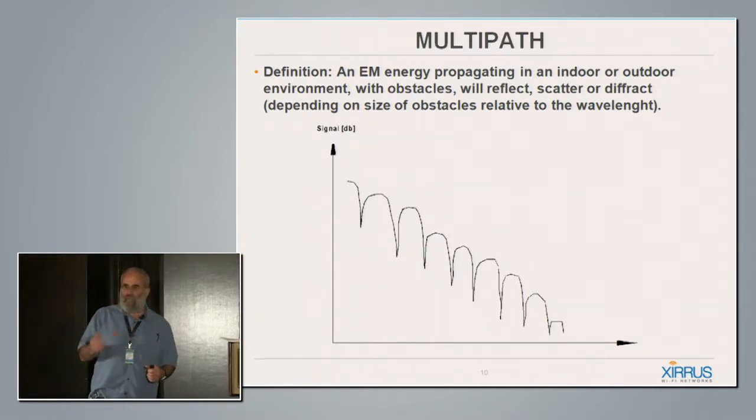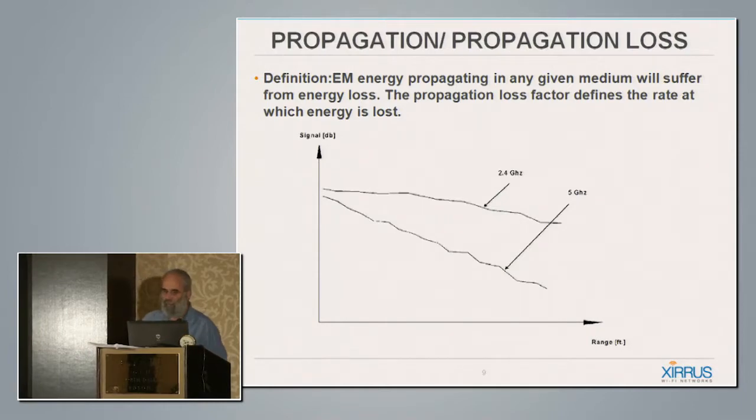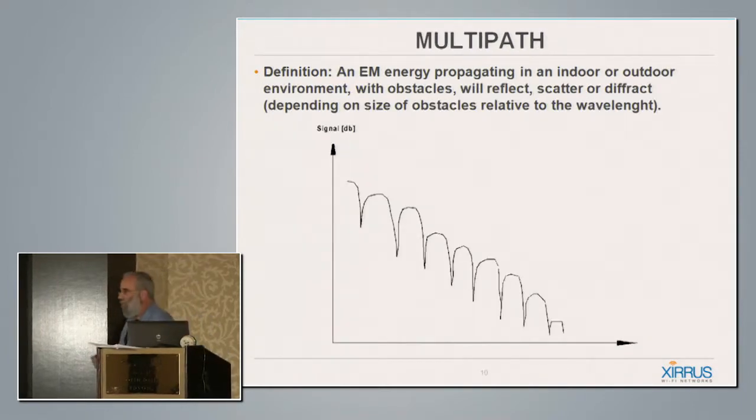And as we go higher in frequency, from 2.4 to 5, there are other phenomena other than the free space path loss, which is the normal path loss, where we don't have any major problems with multipath. In 5 gigahertz, we have scattering.